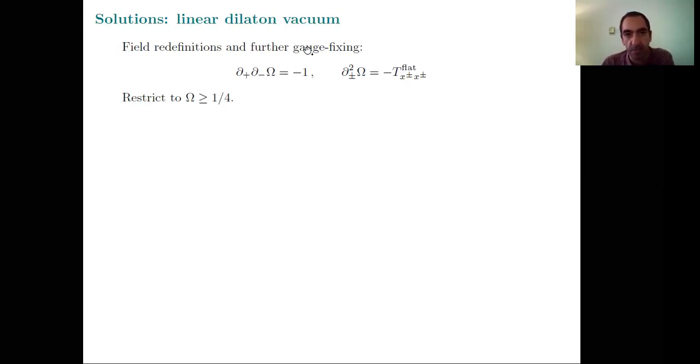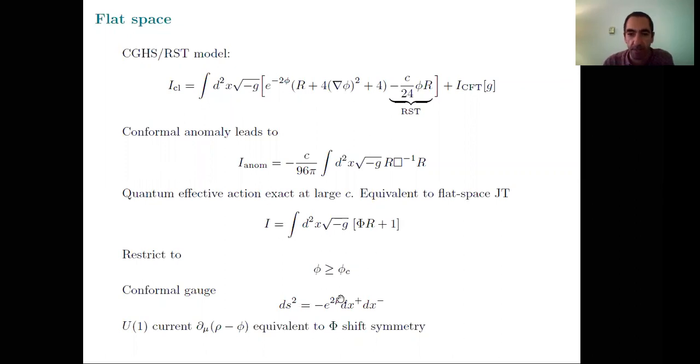And in this particular gauge, which is sometimes called Kruskal gauge, you have this equation, which is like the equation of motion, and then you have these, which are like the constraint equations. What I mean by T flat is that it's the stress tensor not in this metric with the e to the 2 rho, but just in the flat metric, dx plus dx minus. So in particular, without the anomaly that comes from the conformal mode rho.